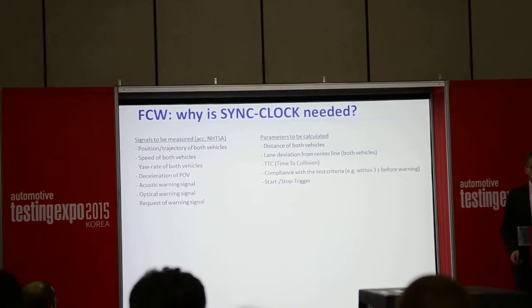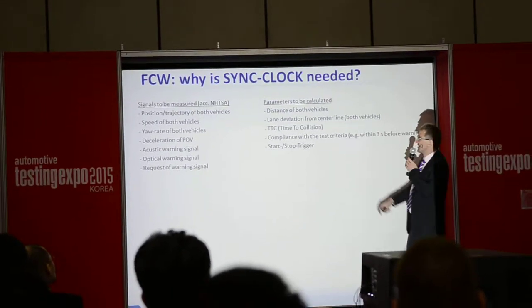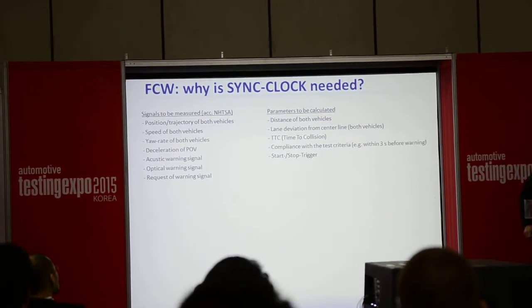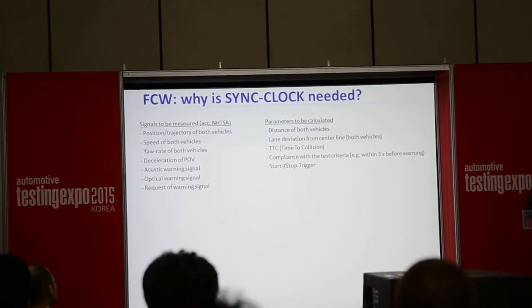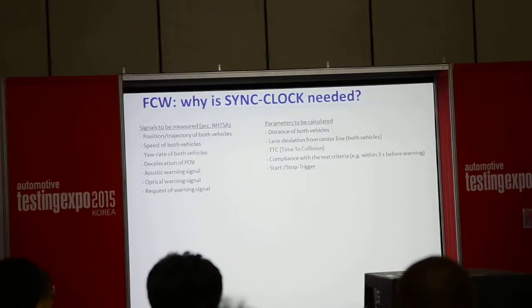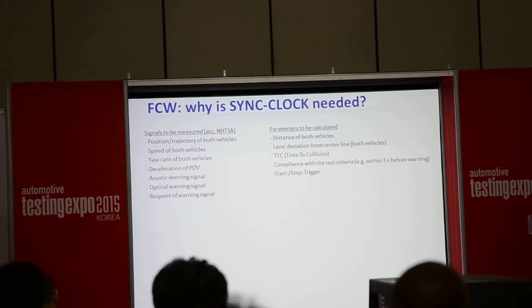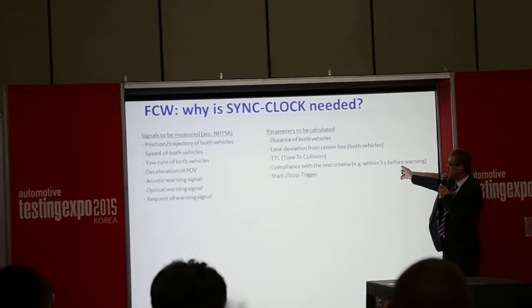And then, out of all that, we have to calculate some parameters which you can see here. This is, for example, the distance of both systems. Then we have the lane deviation from the center line. Obviously, we have the time to collision. And then also compliance with testing criteria.